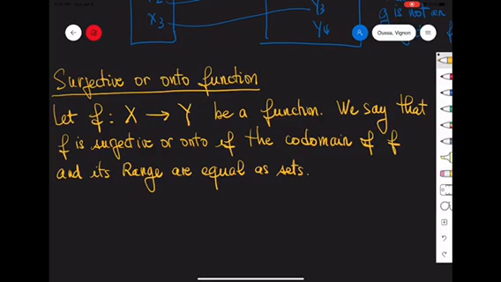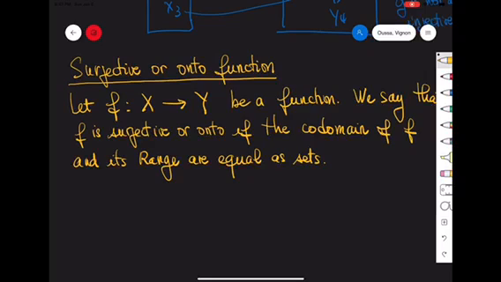So here is an example of a function which is surjective.